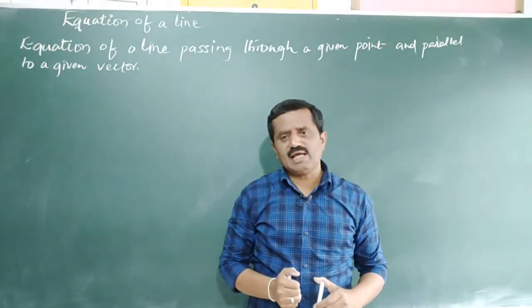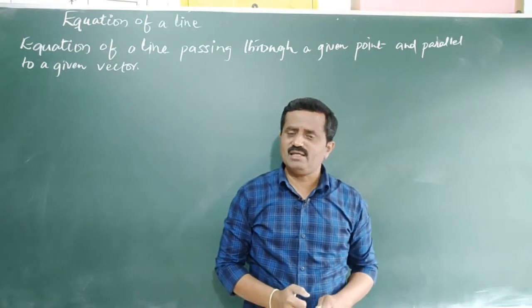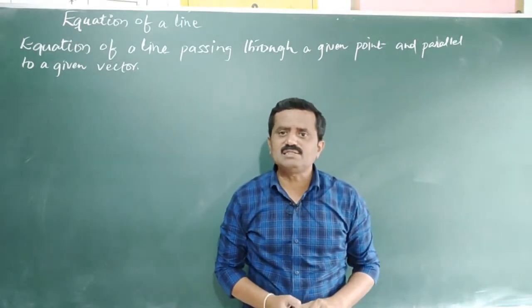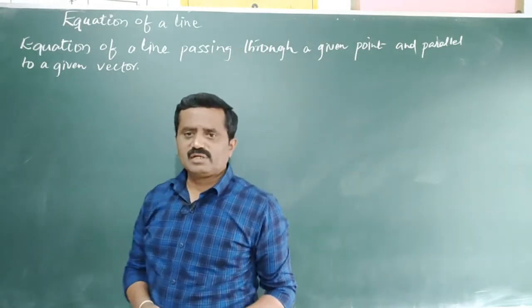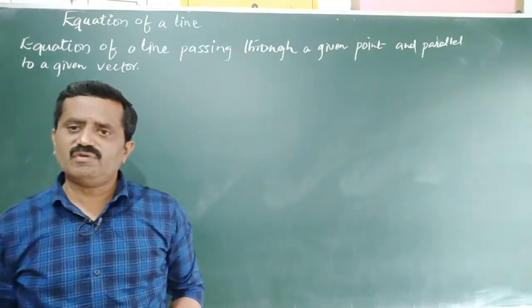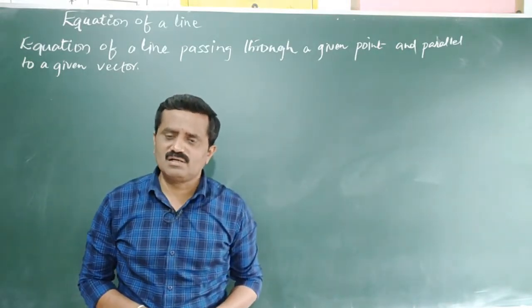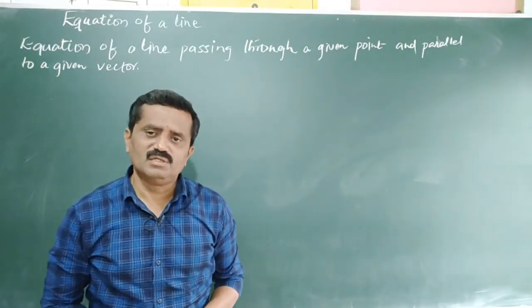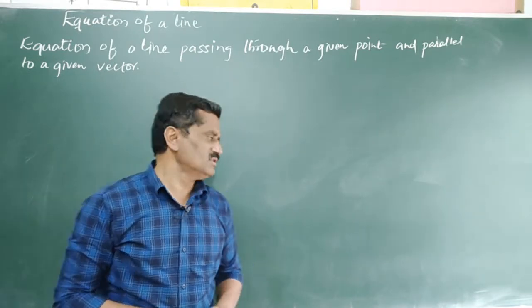So we need to derive the equation of a line in space which is passing through a given point and parallel to a given vector. Here we will be deriving the equations in both vector as well as Cartesian forms. First we will discuss the vector form.